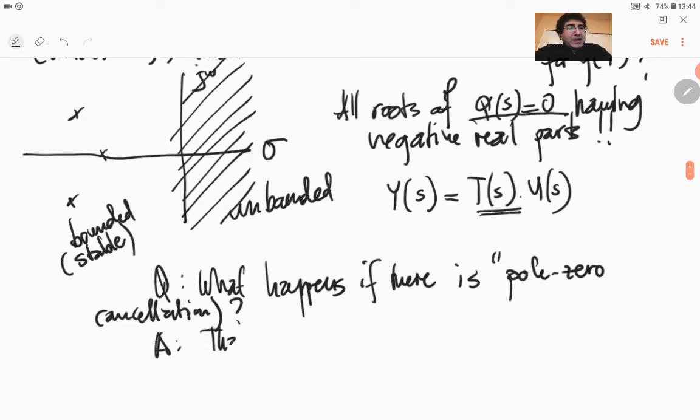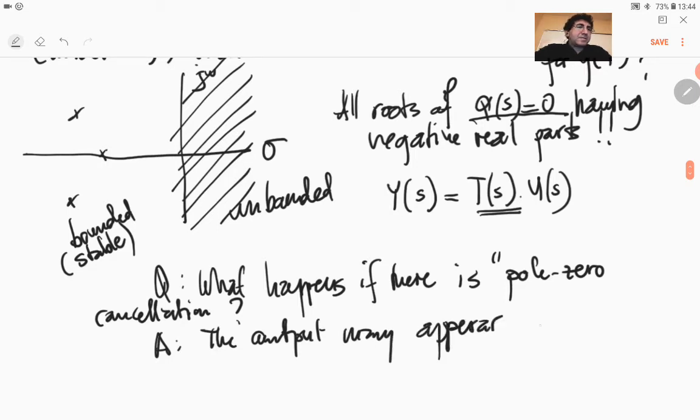Okay? So in that case, the output may appear to be bounded, but some of the states, or some of the internal variables, may actually become unbounded.